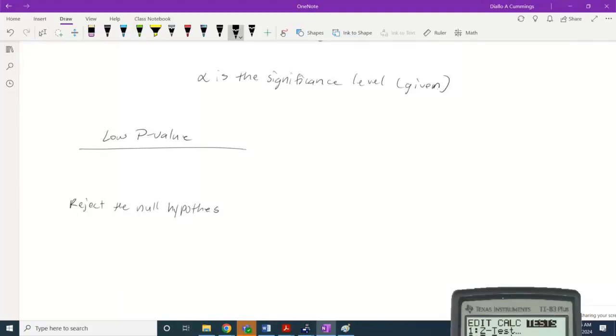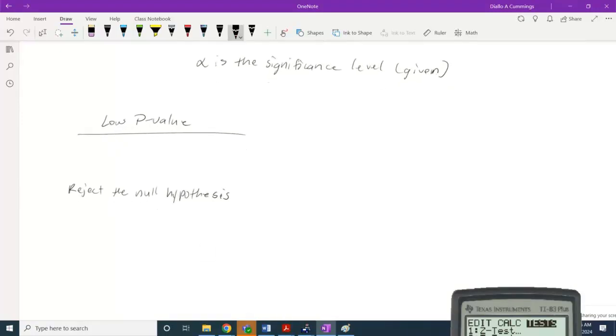We're going to reject that educated guess. And these are the conclusions. So this would be the conclusion. If you had a low p-value, if your p-value was lower than your significance level, you will reject the hypothesis, and this would be your conclusion.